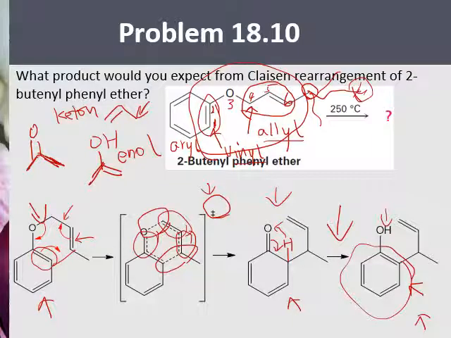All right, keto and enol forms are isomers. They are isomers because one of the hydrogens of this carbon adjacent to the carbonyl carbon, which is called the alpha carbon. If the alpha carbon has a hydrogen, this hydrogen can shift to oxygen and give you the enol form.